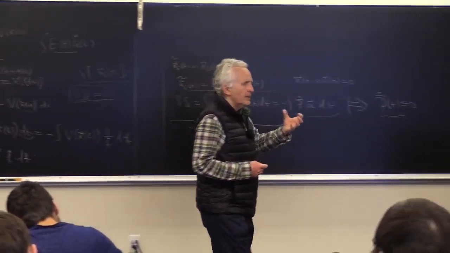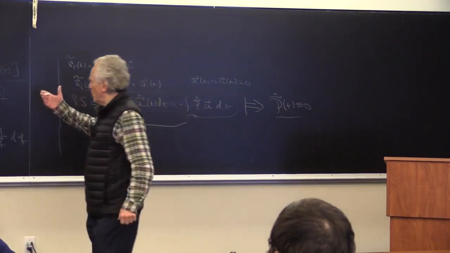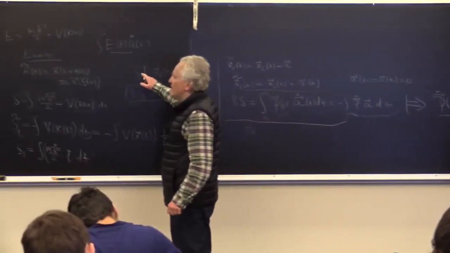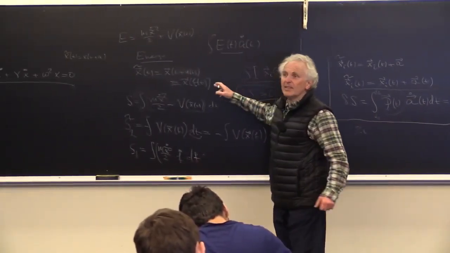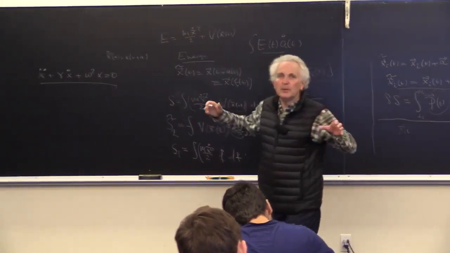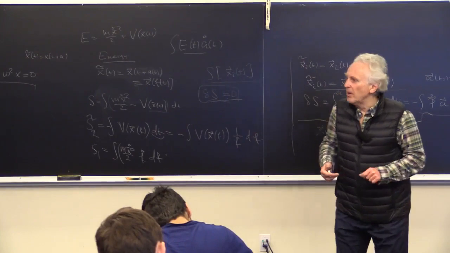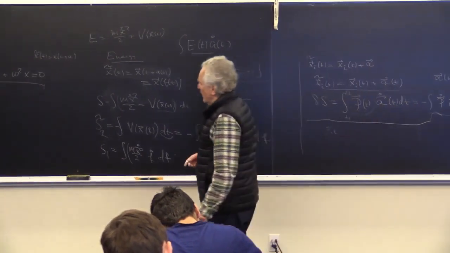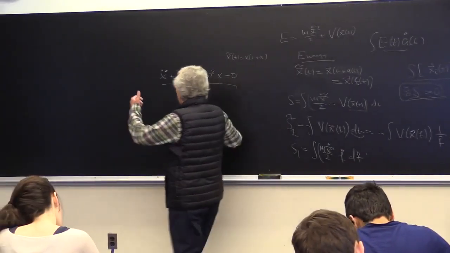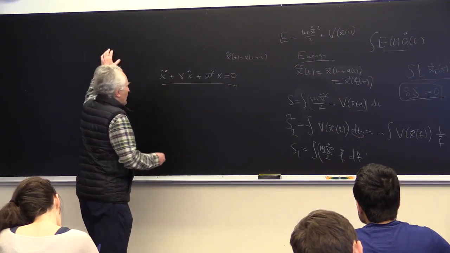So that's a first indication of what I was saying before, that simply the statement that there is a variational principle, even when you don't know the action, is a huge amount of information. So let's try to understand what happens.